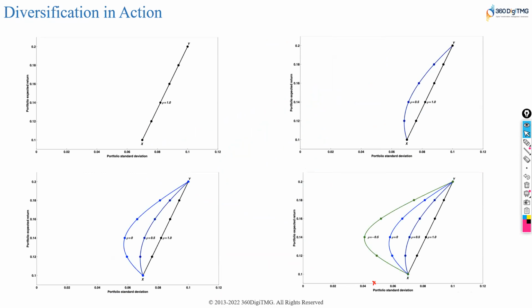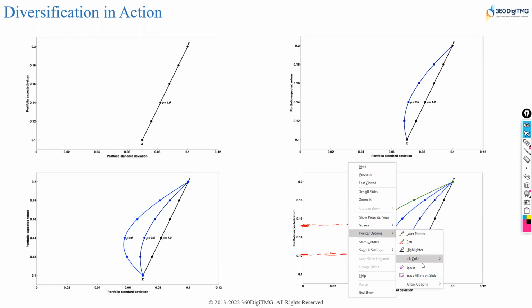If you're taking some risk, if you look at the expected return, either you get this expected return or this, 12% or maybe 15%. Where do you want to lie? Anyone would say, hey, I want to be here. For the same risk, if you're getting more return, why do you want to choose something which is below that?